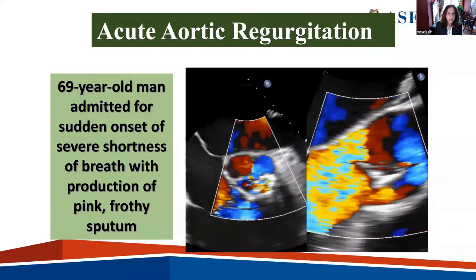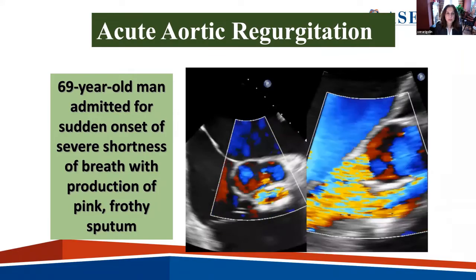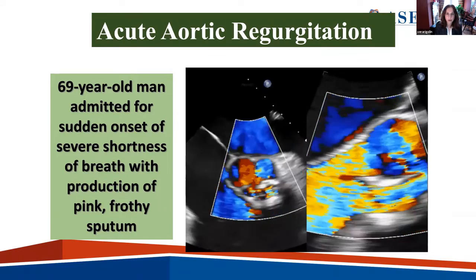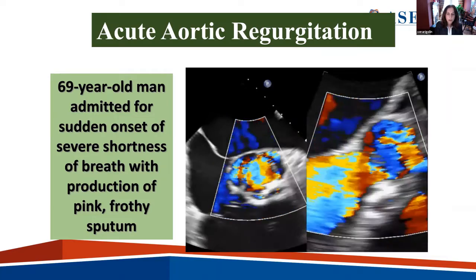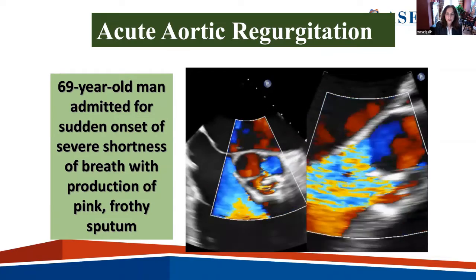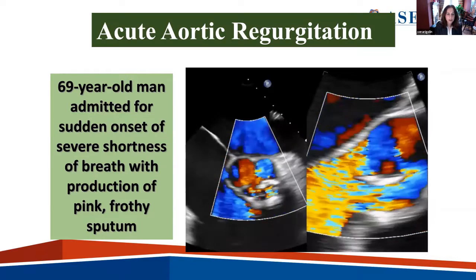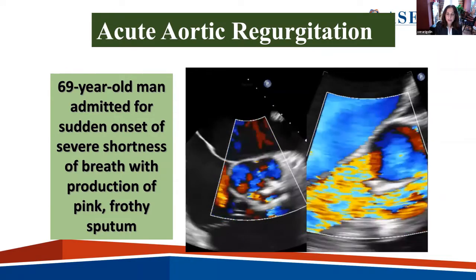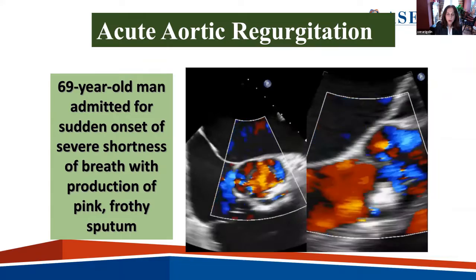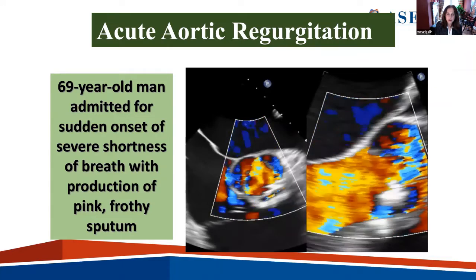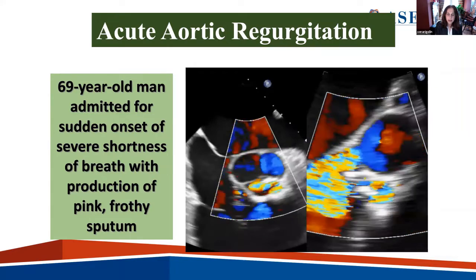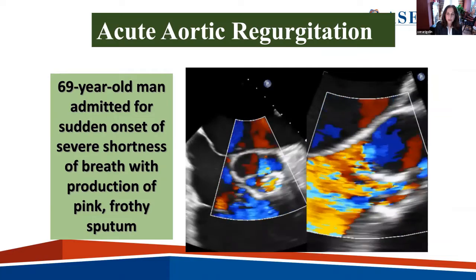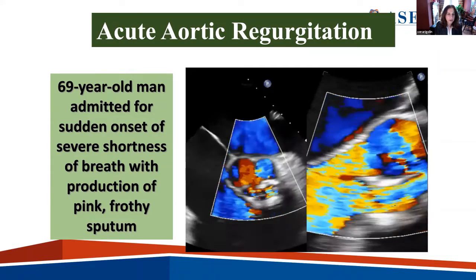So let's talk a little bit now about the differences between acute and chronic aortic regurgitation. Remember that in chronic regurgitation, the adaptation of the left ventricle to the regurgitation happens slowly over time. And what happens is that the ventricle dilates and there is the formation of hypertrophy in an eccentric fashion.